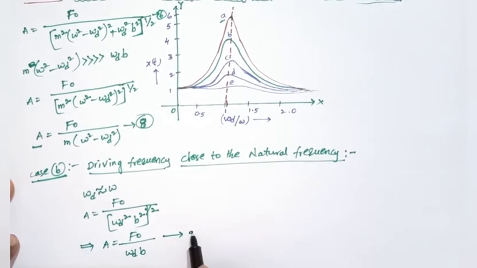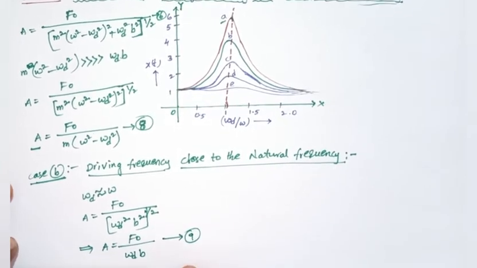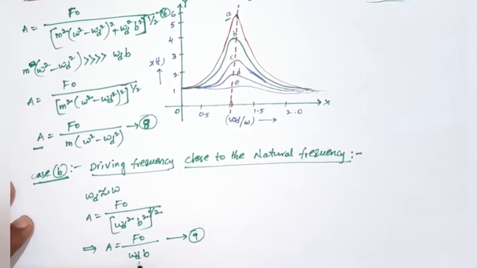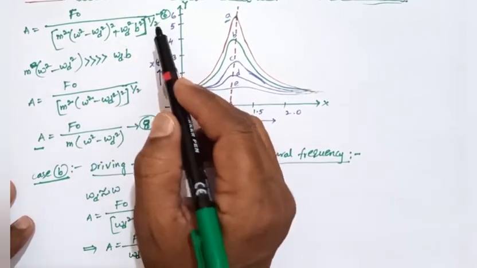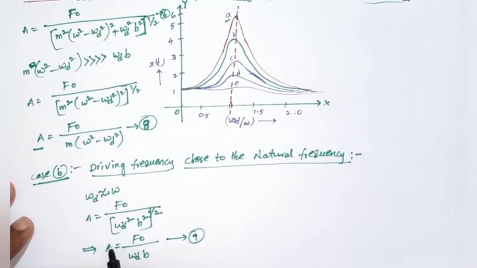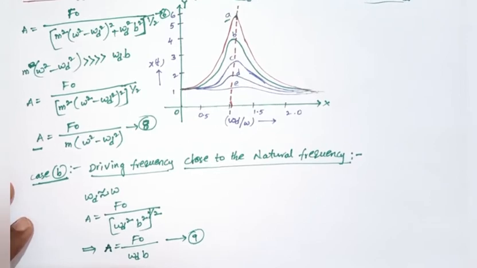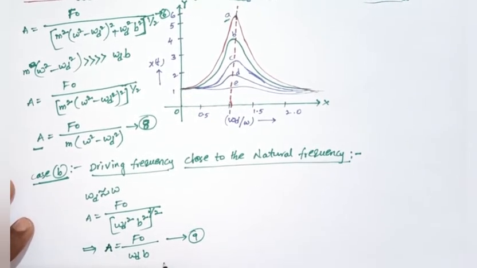This is equation number 9. In equation number 9, omega d is close to omega, so the amplitude increases. This phenomenon is called resonance.